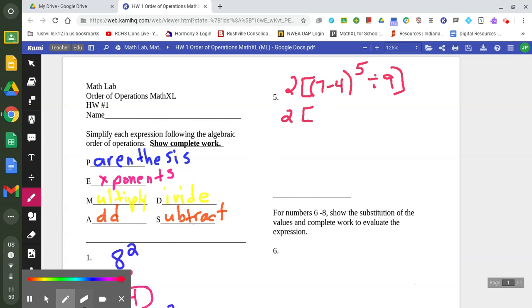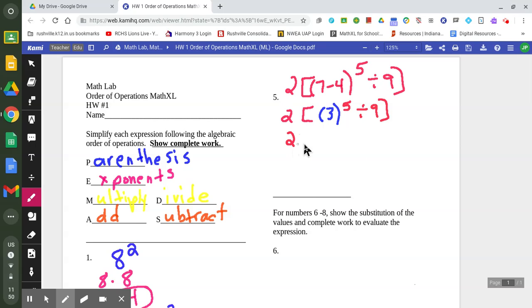So 7 minus the 4 gives me 3. And then that 3 is to the 5th divided by 9. So then my next step, 2, and I've got the brackets, and now I have 3 to the 5th.